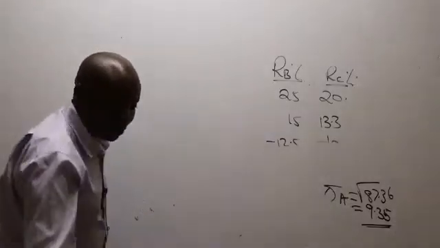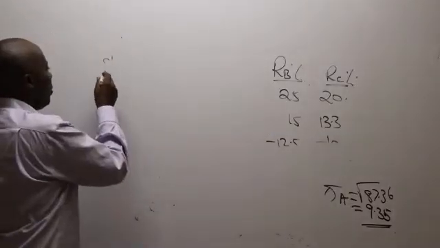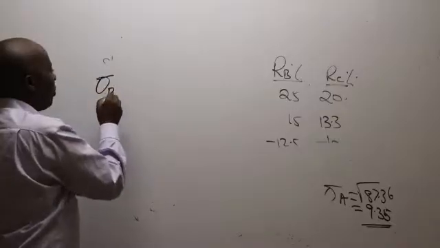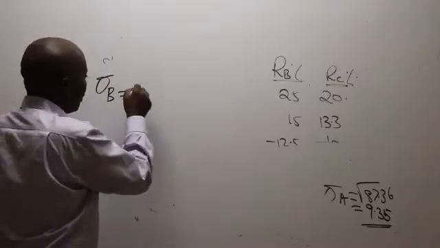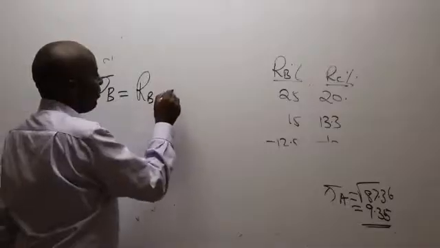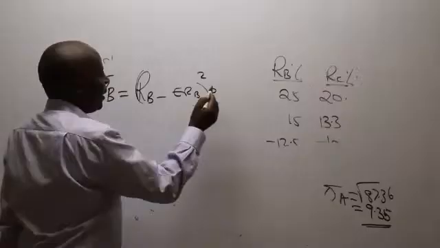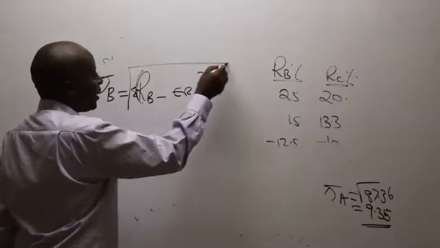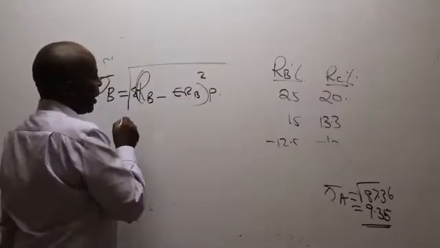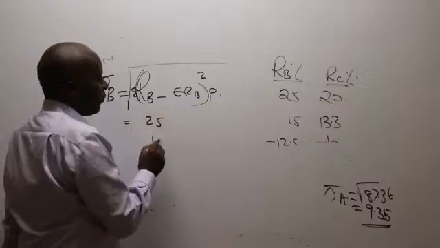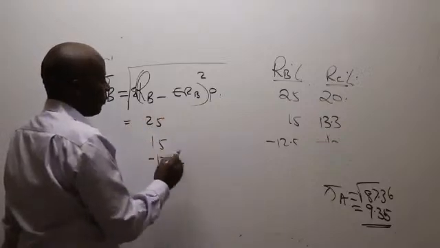So I write down the formula. The standard deviation of boy will be equal to the actual returns of boy minus expected returns of boy, squared, times probability, summation there, and then I say square root. So the actual returns of boy, we have 25, 15, minus 12.5.